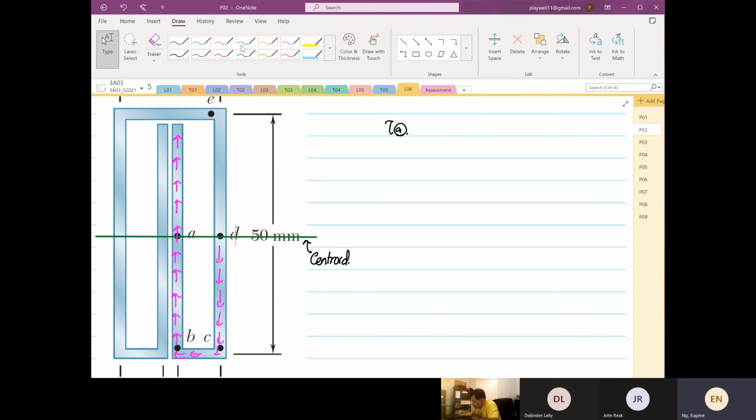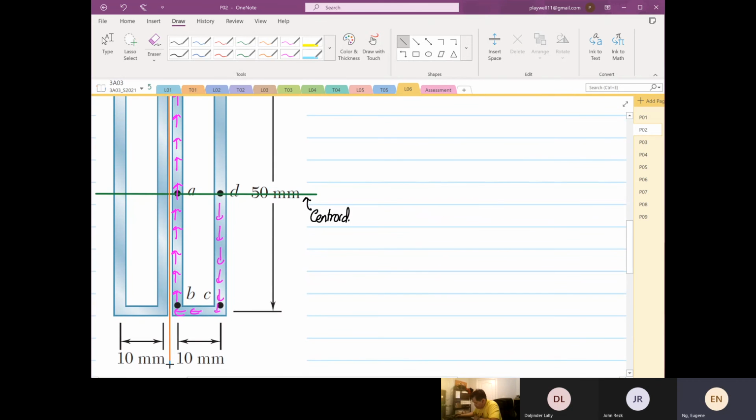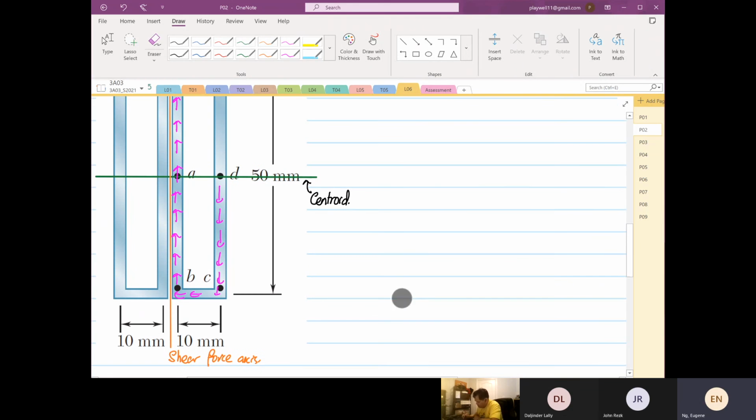Right, and then I'm going to have the line I've just drawn, that is considered the shear force axis, right?